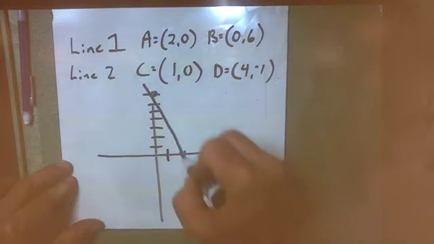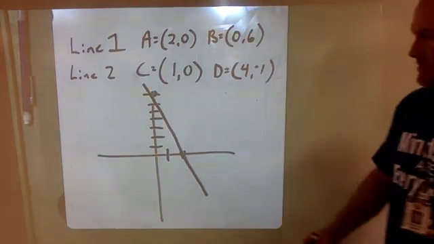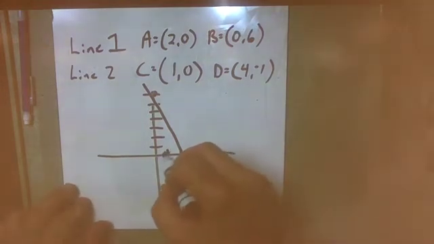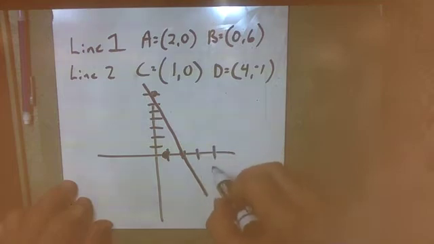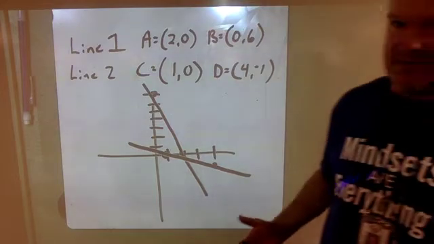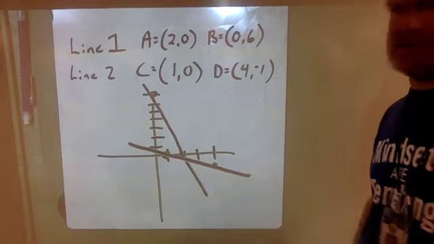So it looks like that. And line 2 goes from (1, 0) to (4, -1). Looks like this. So you can kind of tell just by looking at them that they're probably not perpendicular, but you have to check the slopes. You can't just go by the eye test.